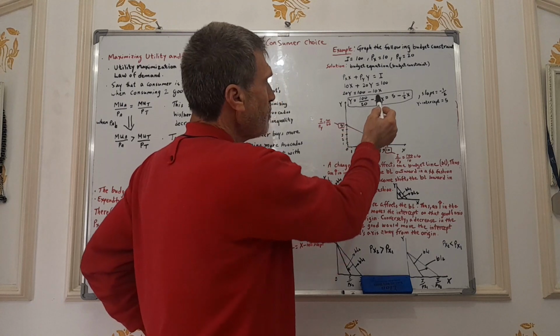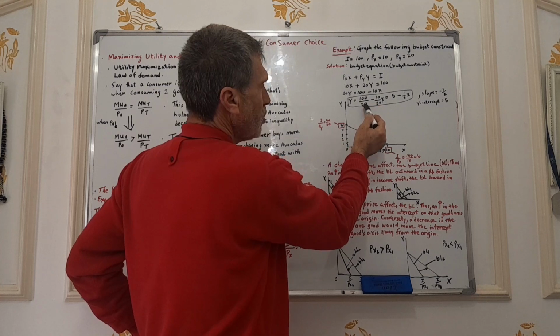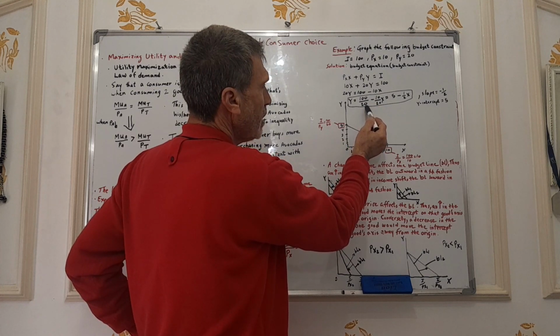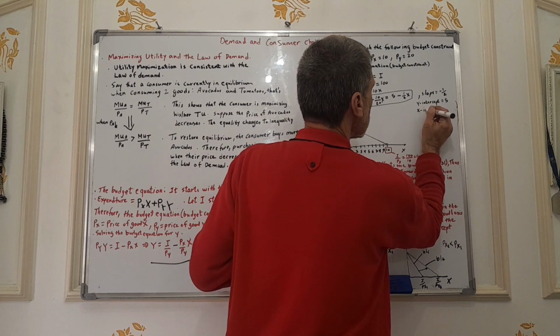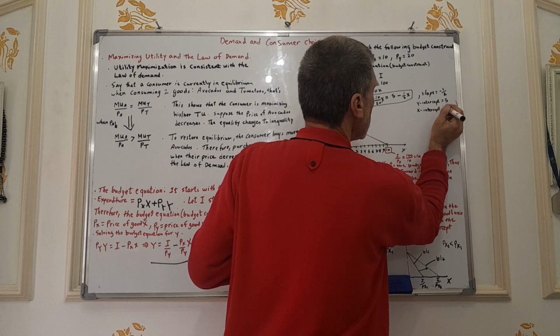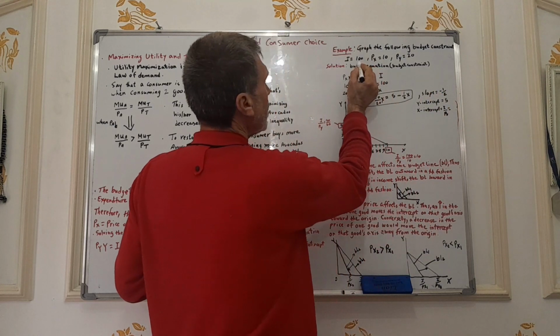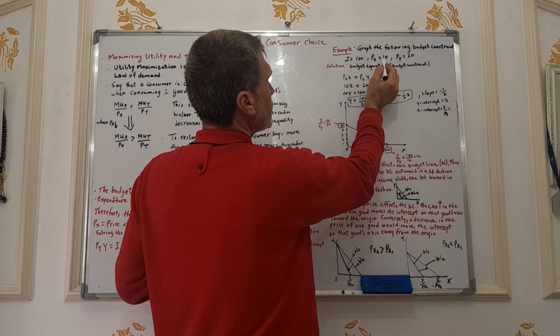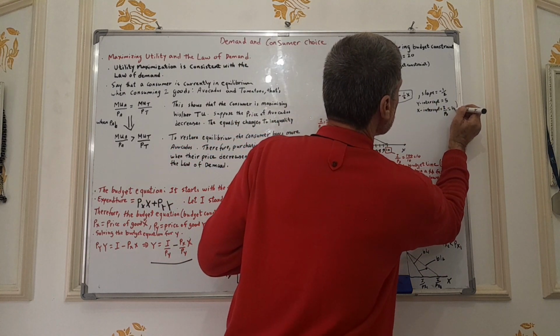The Y-intercept is equal to 5, which is income over the price of Y. The same thing for the X-intercept, which is equal to I over PX: I is 100, PX is 10, and we come up with 10.